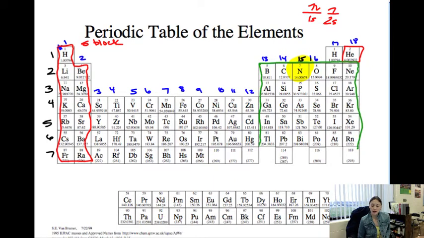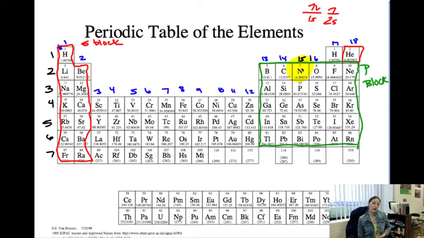That means that anything that ends in this block here will end in a p orbital. Okay, so nitrogen we said was 2p3. Well, that makes sense. It's in the second row, so 2p, and it's the third one in. So 2p1 would be boron, that's how that would end. Carbon would end in 2p2, nitrogen would end in 2p3.